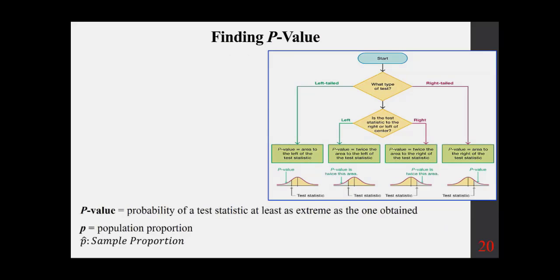Let's look at the concept of a p-value as explained here. It's either a left tail test, right tail test, or two tail test. If it's a left tail test, it's the area to the left of the test statistic. That's your p-value. If it's a right tail test, the area to the right of that. If it's a two-tail test, then when you calculate the test statistic, it could happen to the left or right of 0. So the area to the left of that, times 2, or to the right of that, times 2.